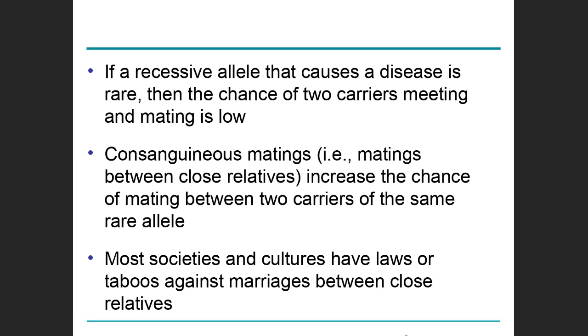But the reason why humans have laws against these kinds of matings and why they have taboos against them is not because of issues of morality. It's because of genetics.